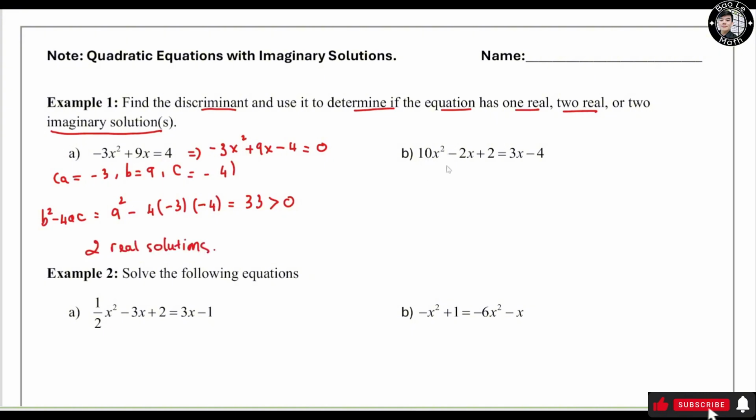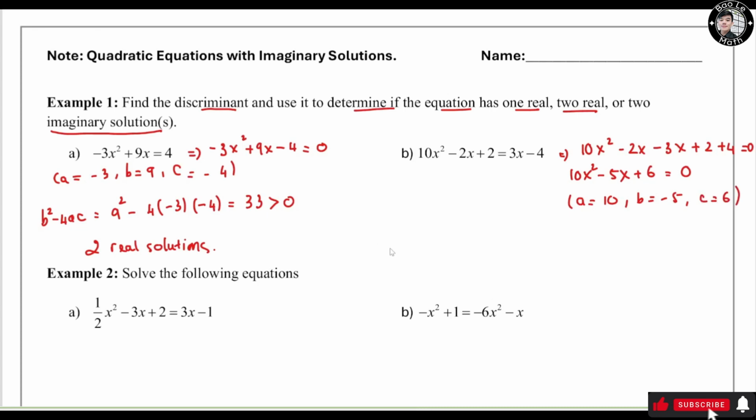Question B. We're going to rewrite this one in standard form first. So we have 10s squared minus 2s, subtract 3s from both sides, plus 2, and then add 4 to both sides, equals 0. Now we simplify this, so it could be 10s squared minus 5s plus 6 equals 0. So a equals 10, b equals negative 5, and c equals 6.